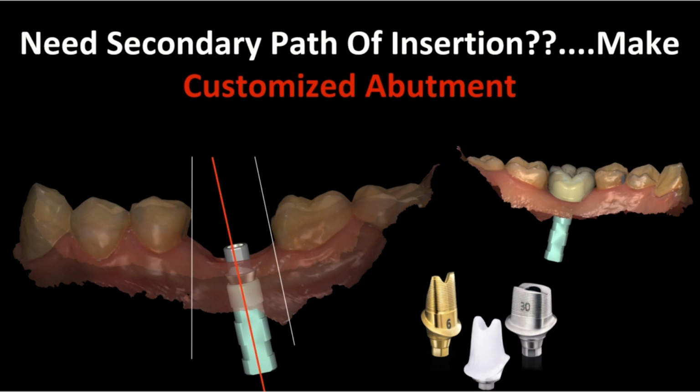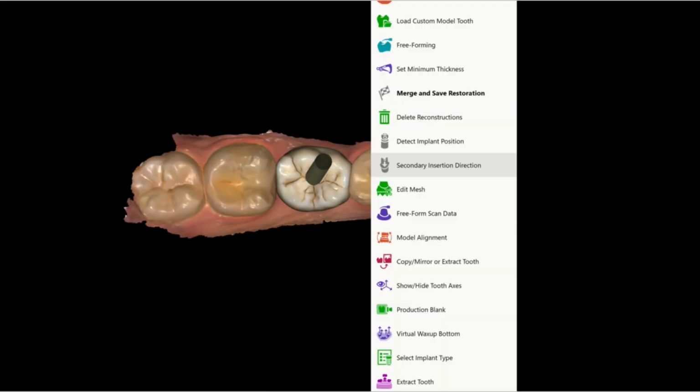The last scenario for utilizing a custom abutment is when the primary path of insertion of the crown will have a collision and intersection with the neighboring tooth. So its fabrication is not possible without opening the proximal contact, otherwise the crown will intersect with the neighboring teeth and will not seat easily.